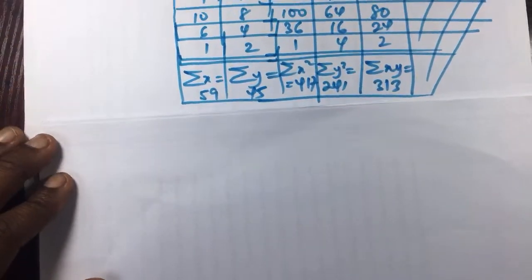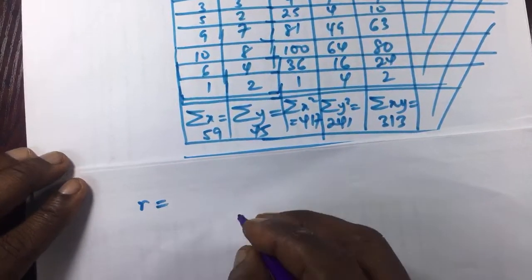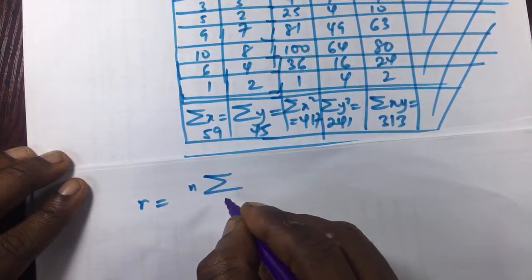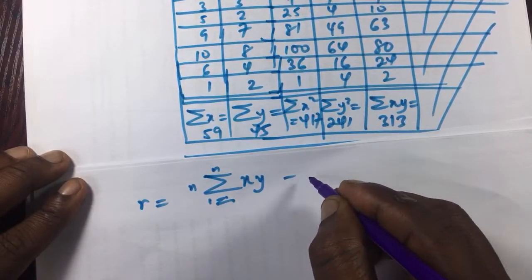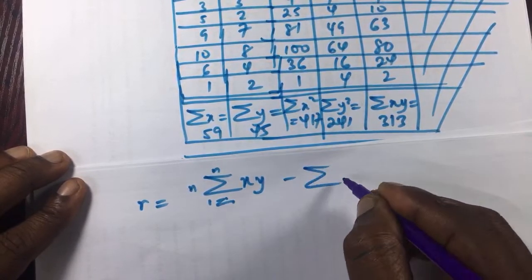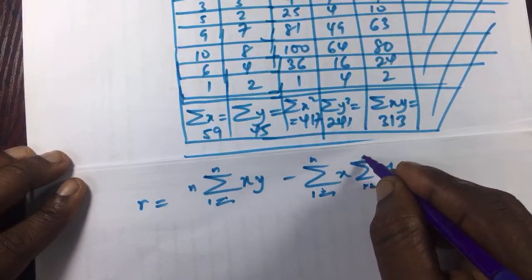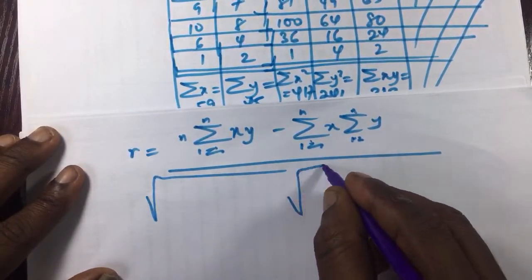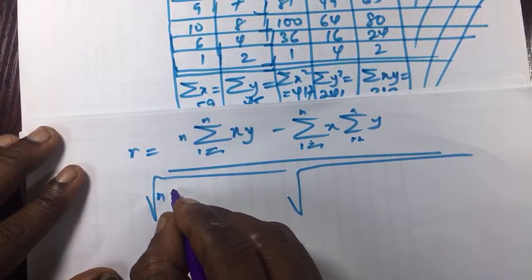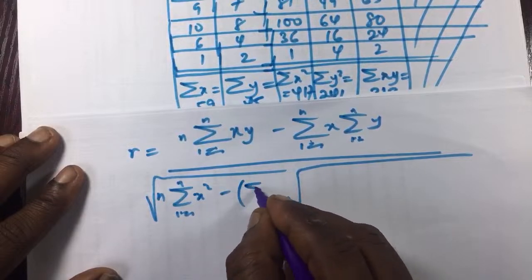Now the formula would be R equals n summation from i equals 1 to n x y minus summation x summation y from i equals 1 to n, all over square root of n summation x squared from i equals 1 to n minus summation x all squared from i equals 1 to n.